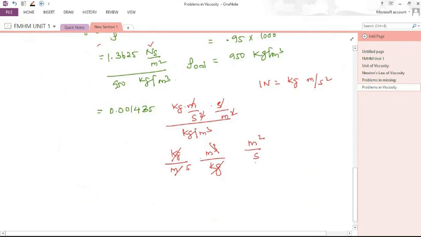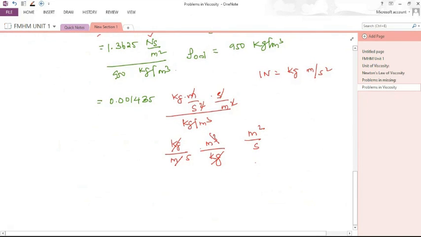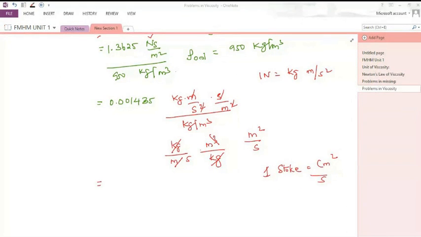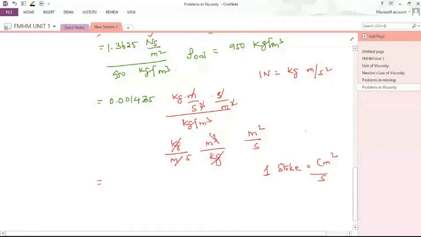If you want to say it in terms of Stoke, one Stoke is nothing but centimeter square per second. So you have to convert from meter into centimeter. For 0.001435, converting from meter square to centimeter square means 1 meter equals 100 centimeter, so 100 into 100.